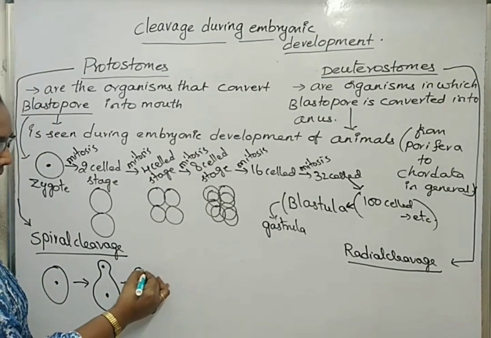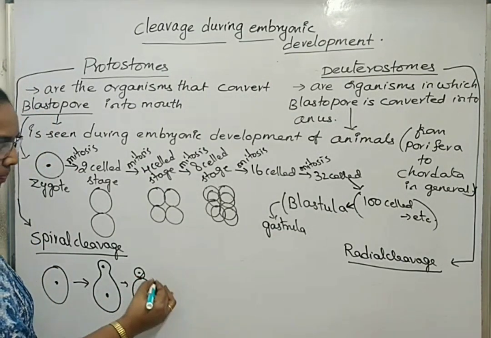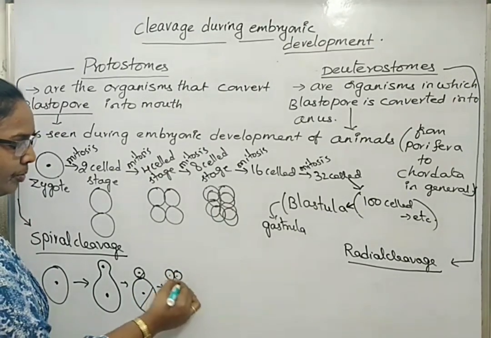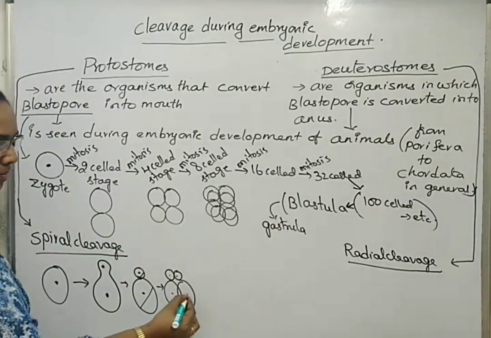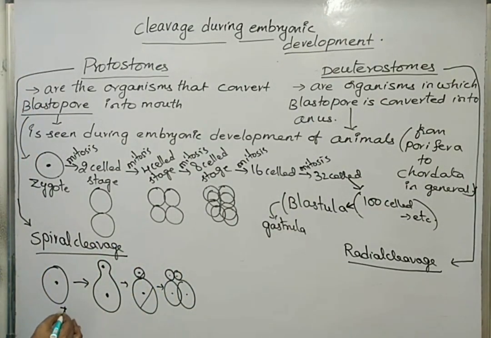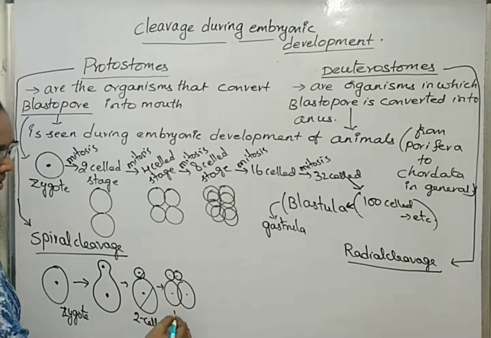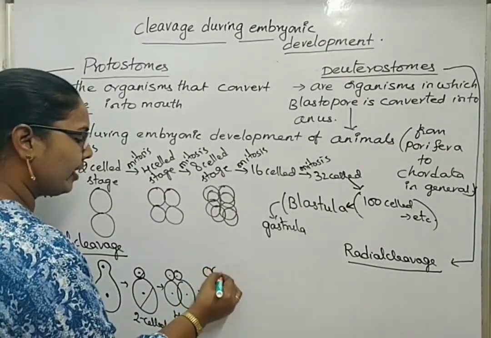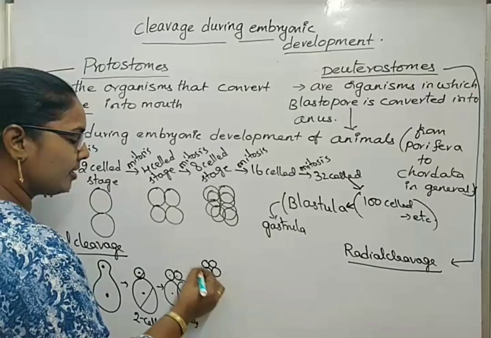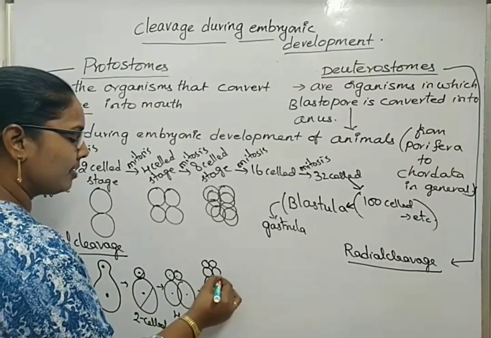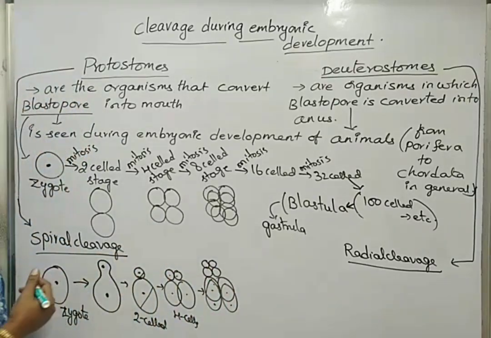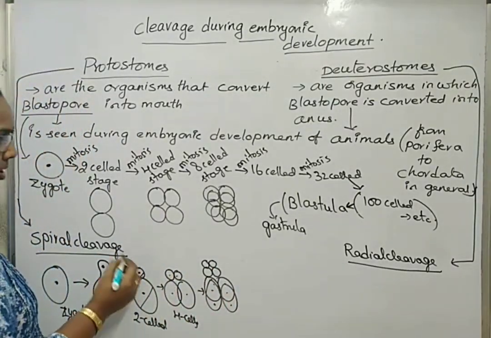Next, again it will undergo oblique cleavage like this. The next stage we will get two small cells and two big cells in the four-celled stage. So this is zygote, one cell. This is two cell. This is four cell. Next, in the 8-cell stage also, we get 4 small-sized cells and 4 big-sized cells. So this is considered as the oblique cleavage.